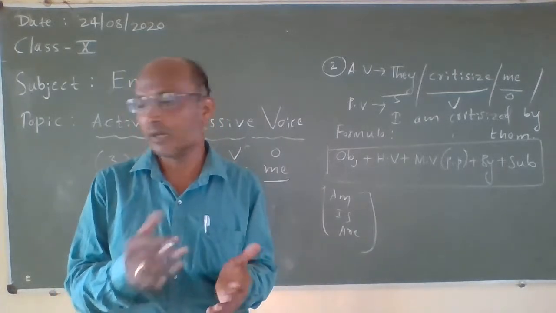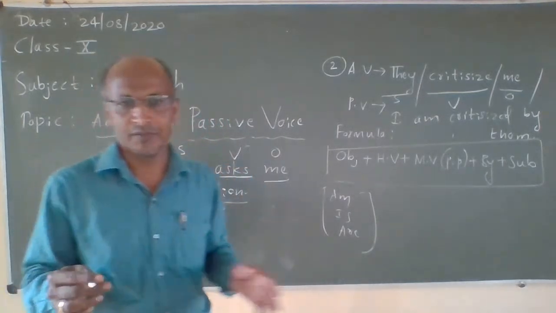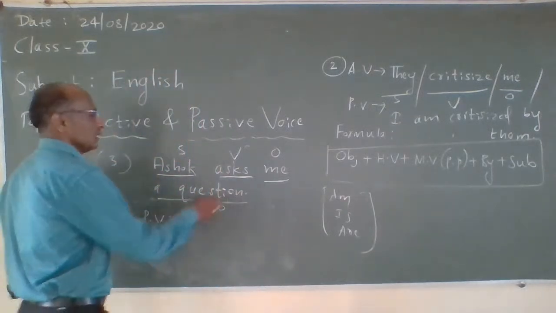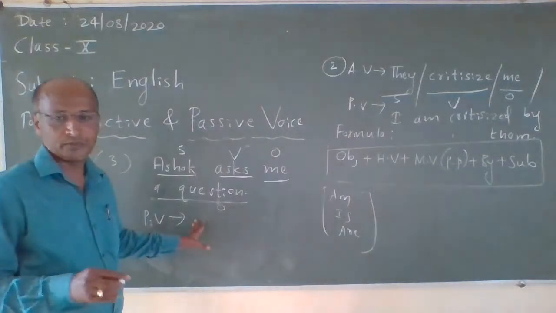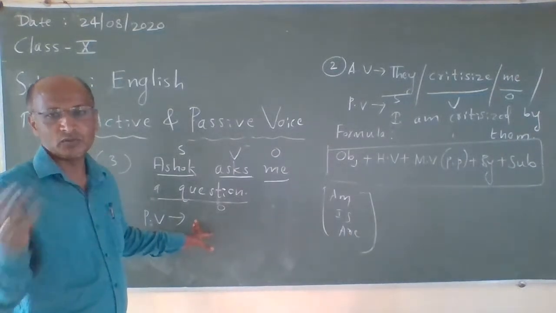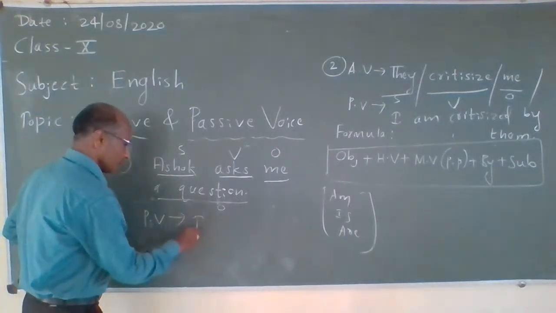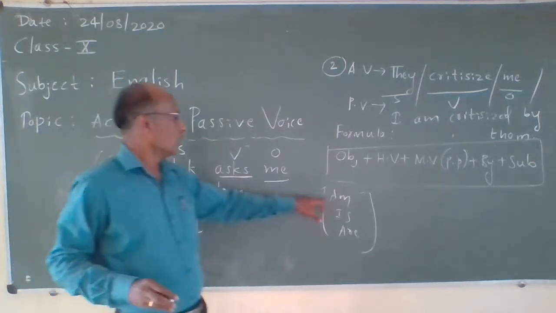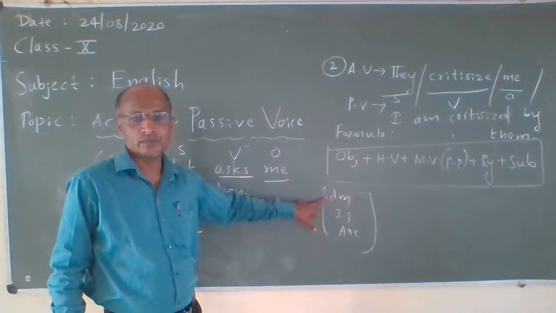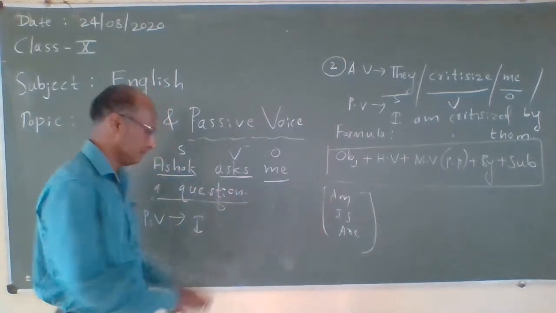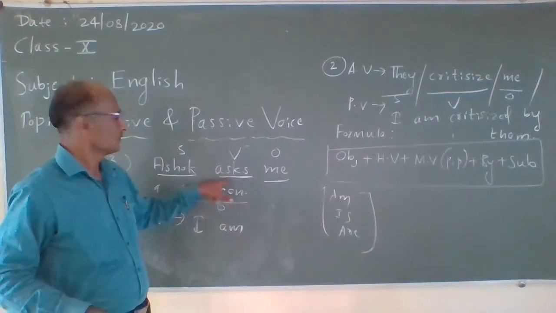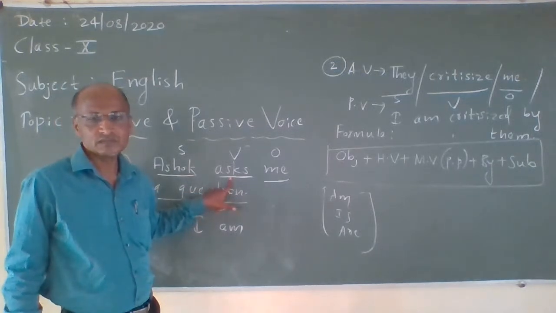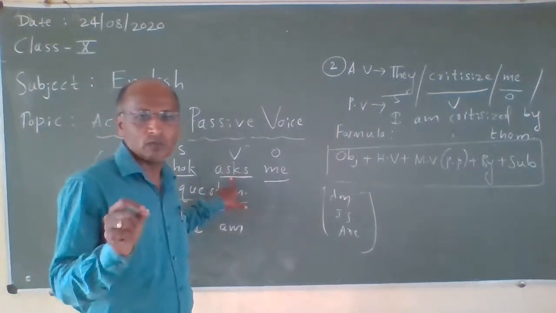How do you change from active to passive? That's the question, right? See, I'll take me first. While changing active to passive, the object me changes to I, right? After I, we have to use the helping verb am. After that, ask. What is the third form of the word ask?